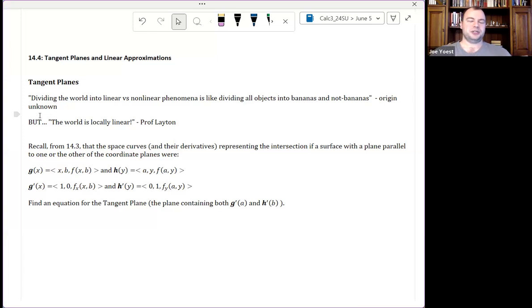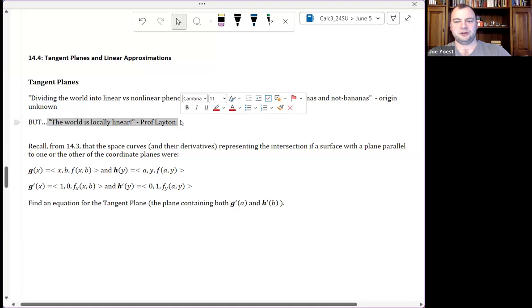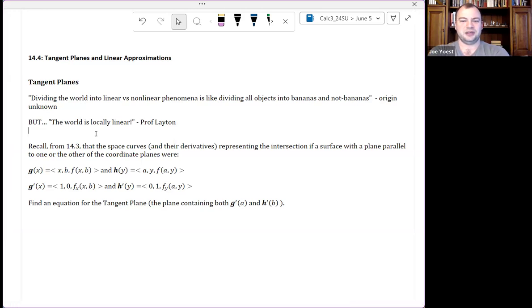So why are we making such a big deal about all of this linear stuff? We're talking so much about lines and planes, but pretty much anything we want to study is not a line or a plane. Those tend to be very contrived examples. Why do we care about this? Well, my favorite professor, Bill Layton from University of Pittsburgh, now retired, would love to say the world is locally linear, or linear algebra is where the rubber meets the road.